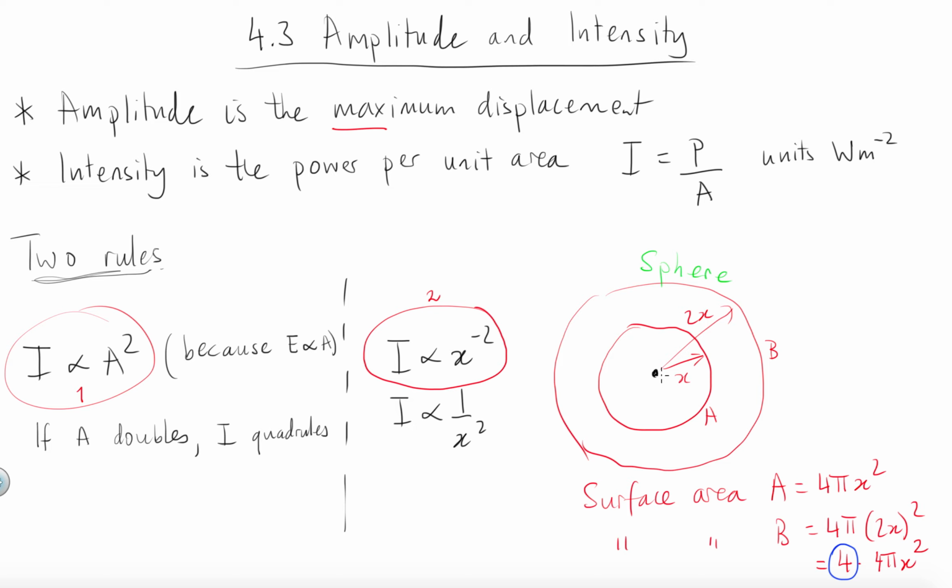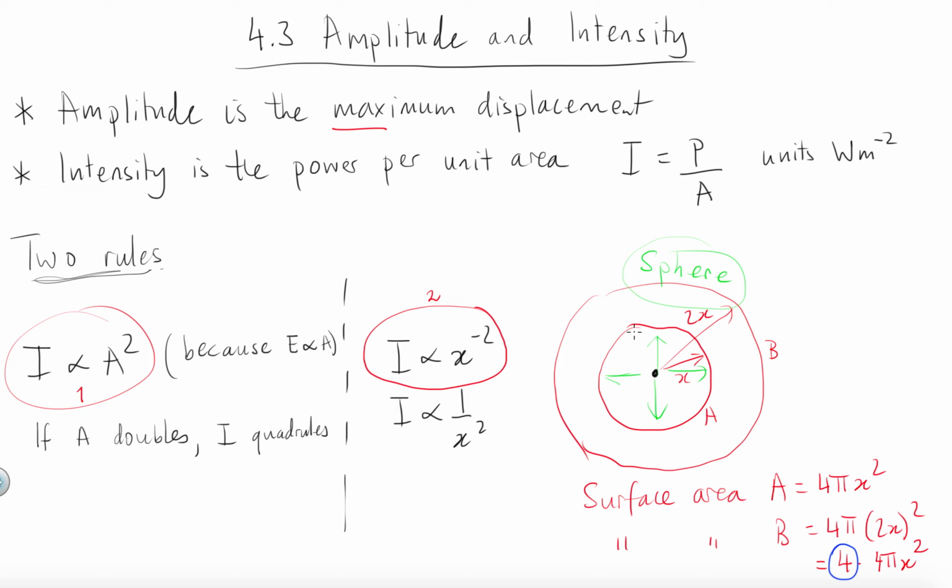That's because since the wave is spread out in all three dimensions, the energy is spread out over a sphere of surface area 4 pi r squared.